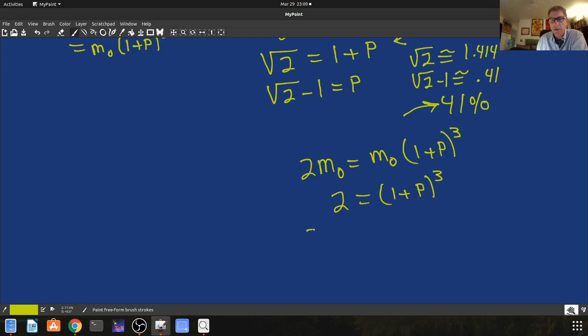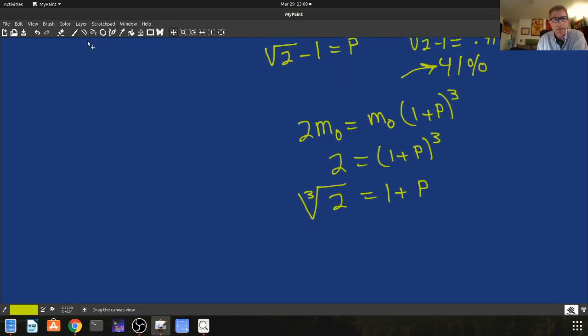So we will take the cube root of both sides, and that gives us 1 plus P. So the value of P in this particular case is the cube root of 2 minus 1, and that turns out to be about 26% constant daily increase.